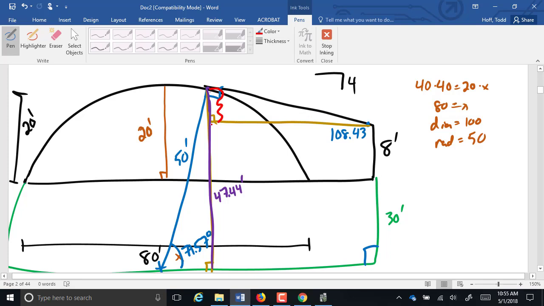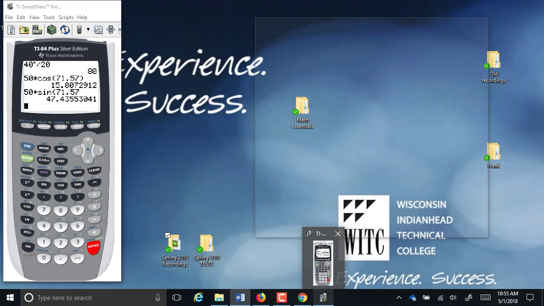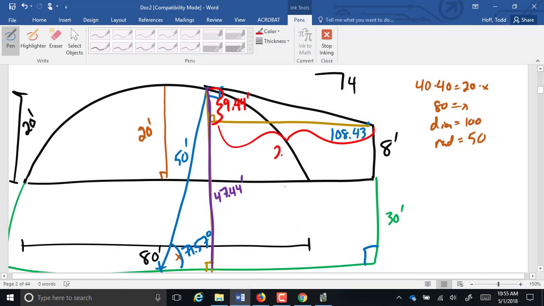So that makes this piece here 9.44. And this piece here, 28.33, that sounds right. So then from there, it's just a matter of finding the areas.